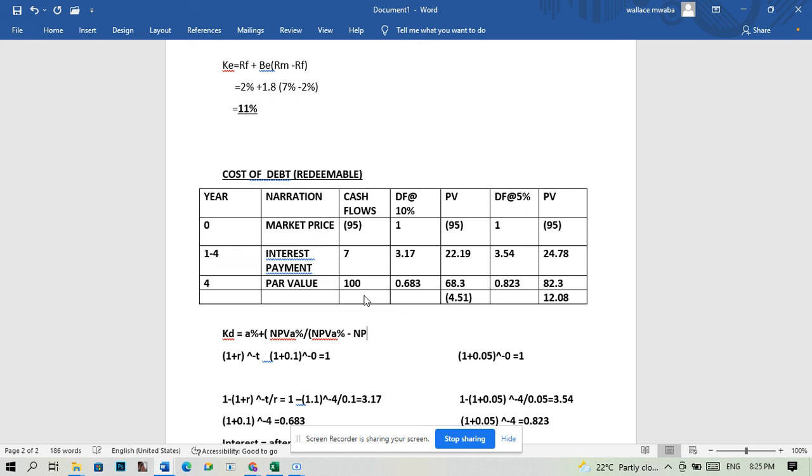This is the net present value found with the higher rate. The B% represents the higher rate, which is 10%.